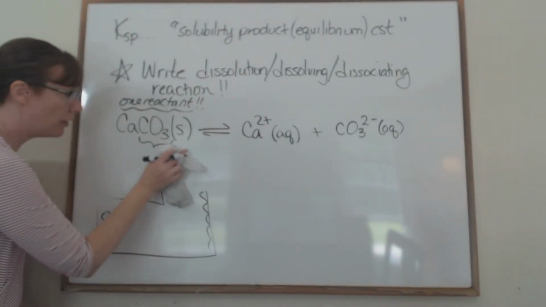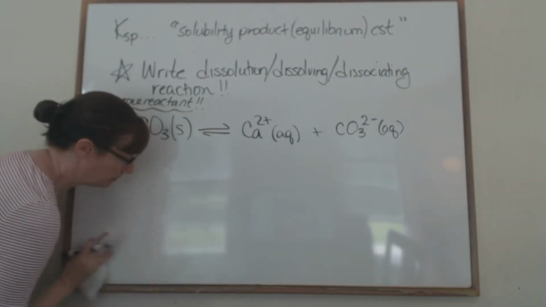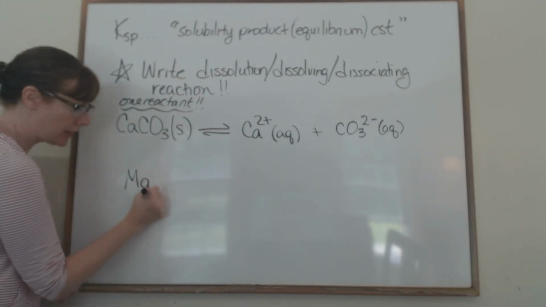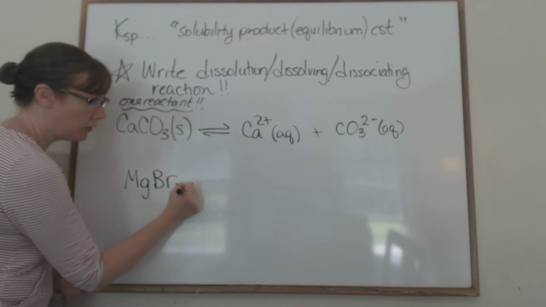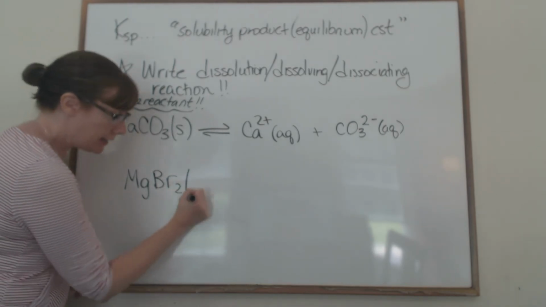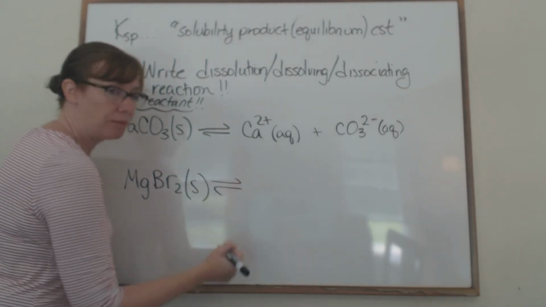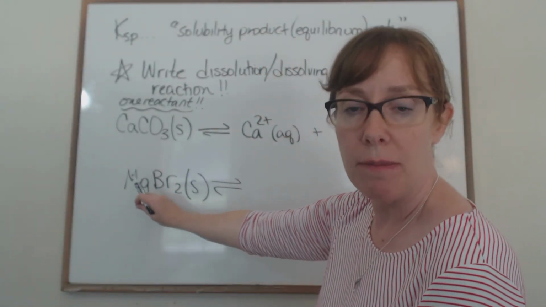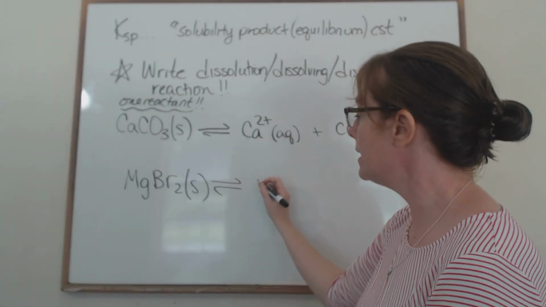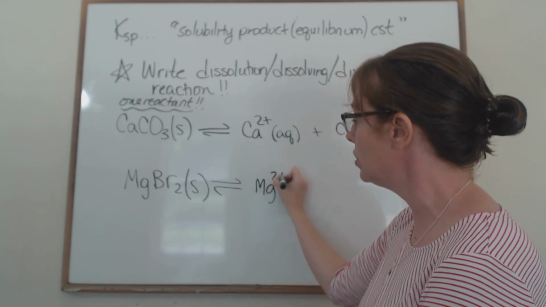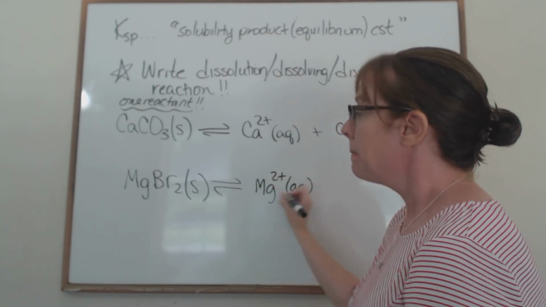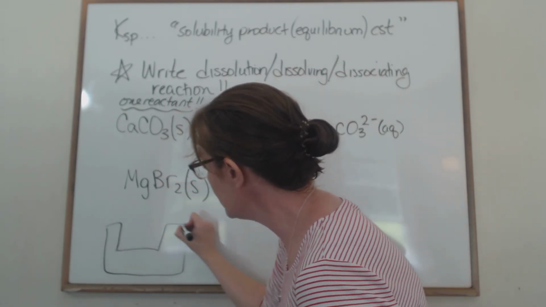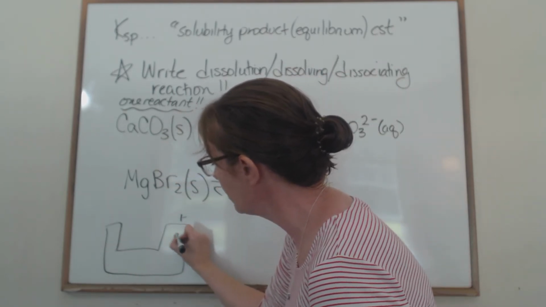Let me show you just another one just to make sure you're getting it here. If someone asked you to write the dissolution reaction for MgBr2, you would write it as a solid. You're showing it dissolving. Now, with this one here, what is the charge on the magnesium? It's in the same column as calcium, it's 2+. But bromine is in the 1- column.